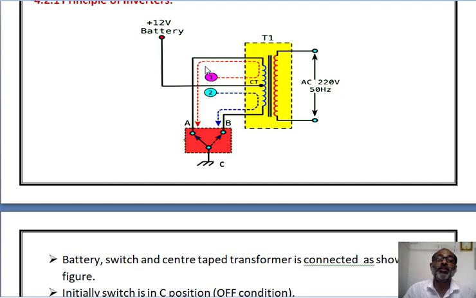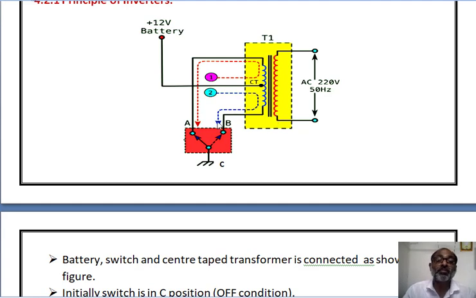So here you can see, during this period when the switch is moved to A, suppose current passes through the upper terminal of the secondary winding to the load, then to the second terminal of the secondary winding.